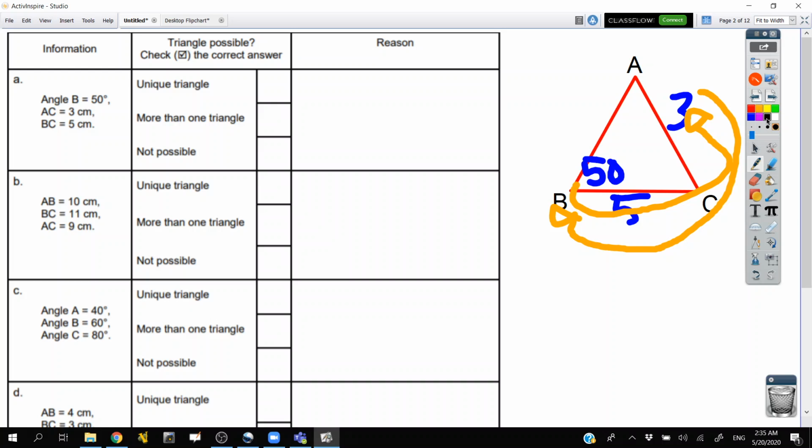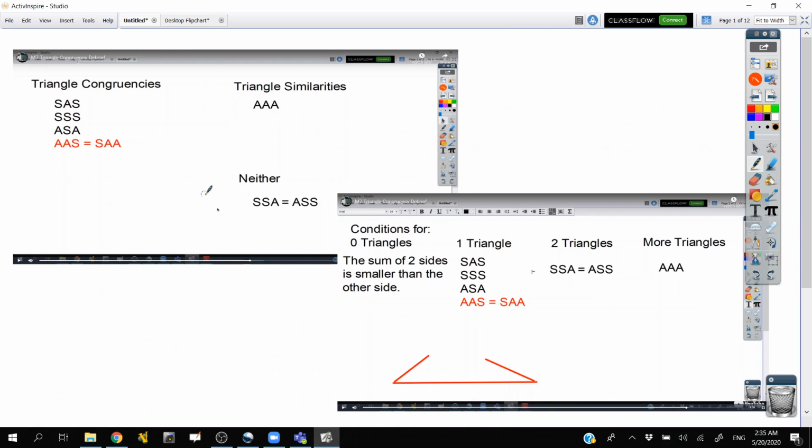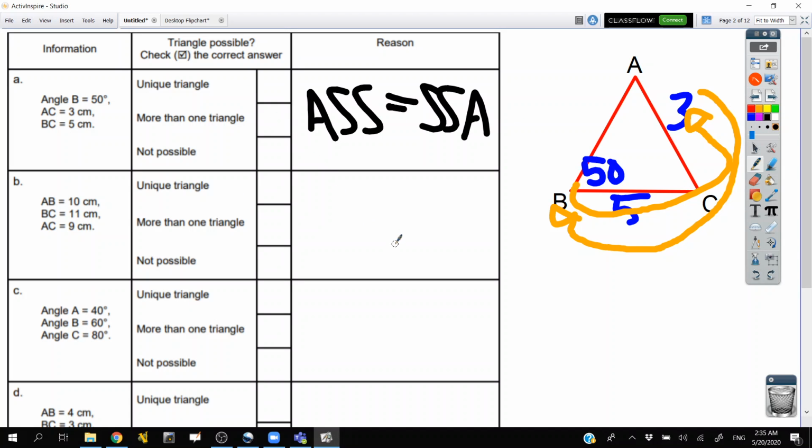So in this case, I get angle, side, side, or side, side, angle, which, if I look back here, is not a congruency. What we saw is in that case, there are two possible triangles. So when I come back here, we can just say there's more than one possible triangle. That's what I would expect. We will come back and revisit this, and you'll see why in a minute.